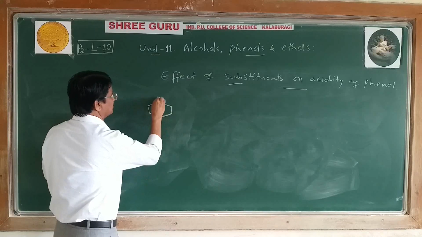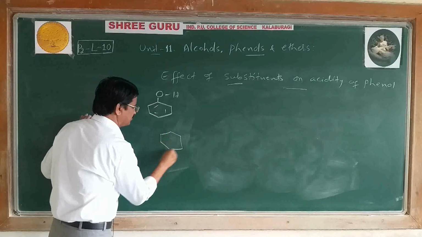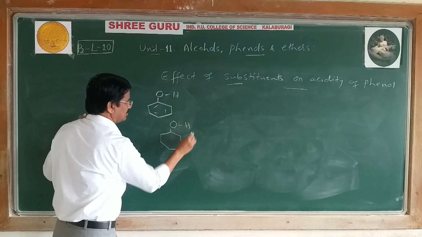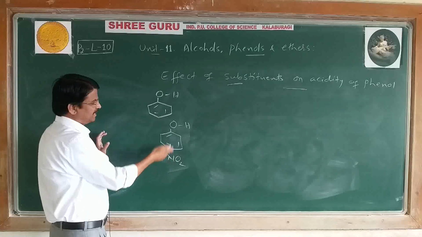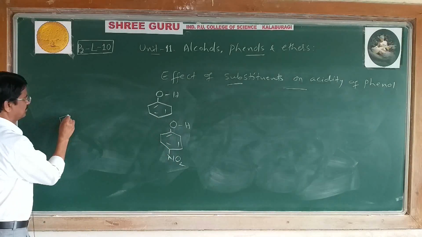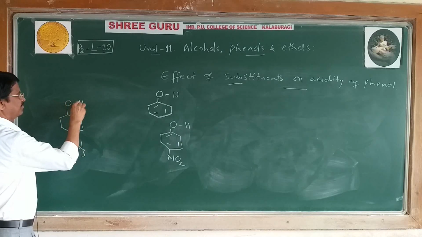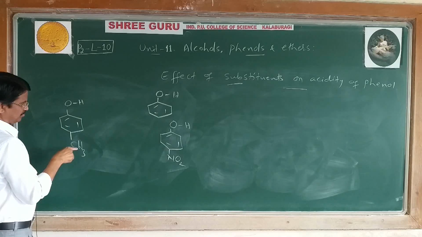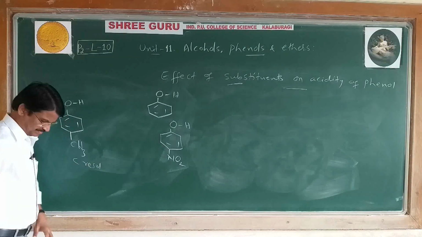First type, phenol. Second type, nitrophenol. Then third type, methylphenol. This is a cresol.